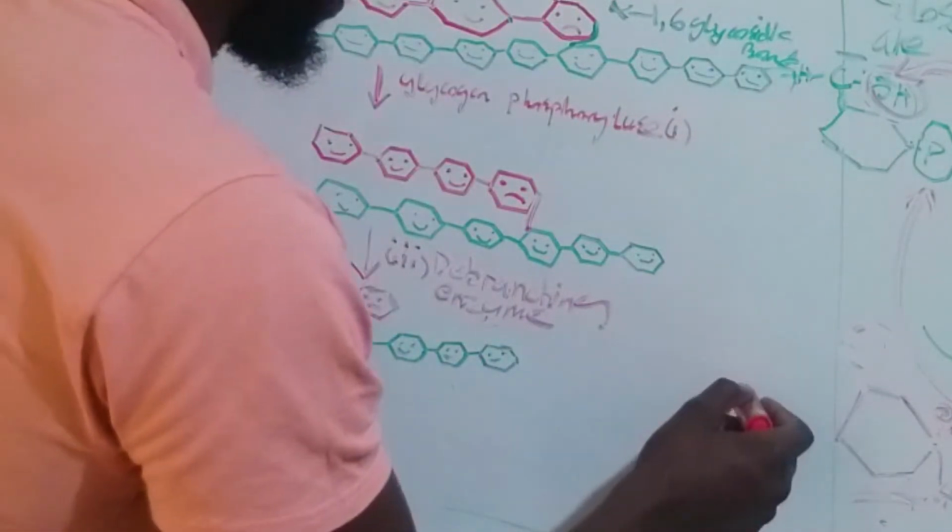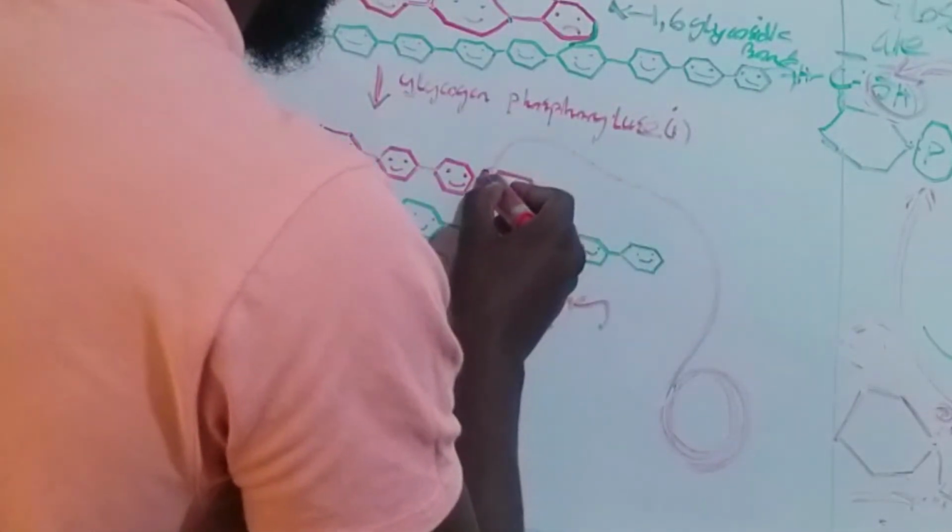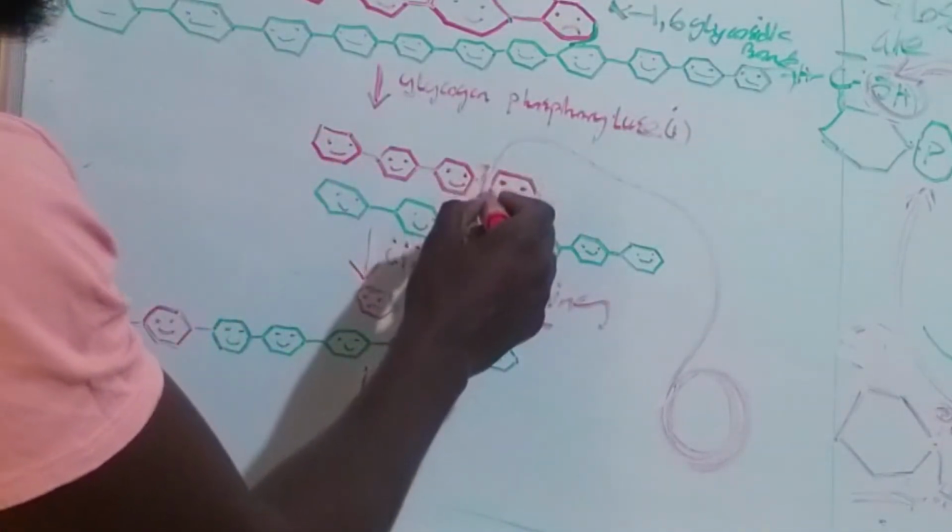So for the debranching enzyme, it will be this guy here. Again, 2 functions. So this is the first function. Suppose it has a hand, it will come attach itself here. So for the transferase activity, it will transfer this here to here.